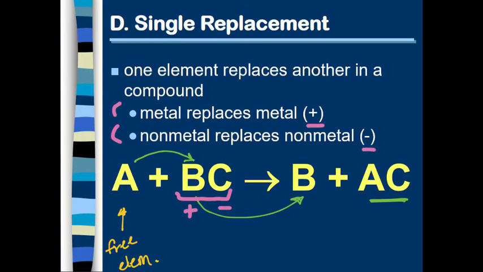It is possible, though, occasionally hydrogen, that'll be the only nonmetal we talk about, might be at the positive charge within compound BC, and you could have a metal replacing hydrogen too.